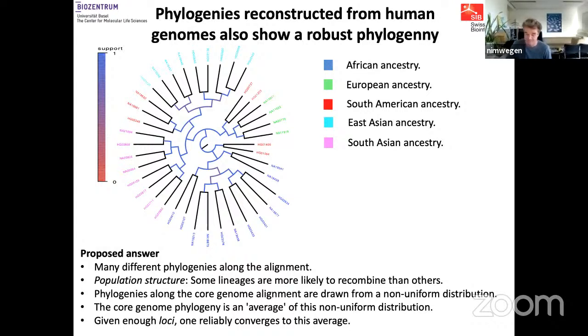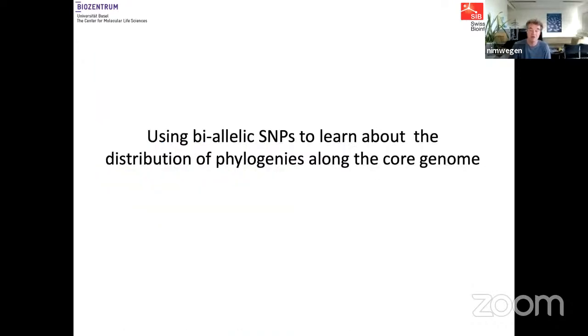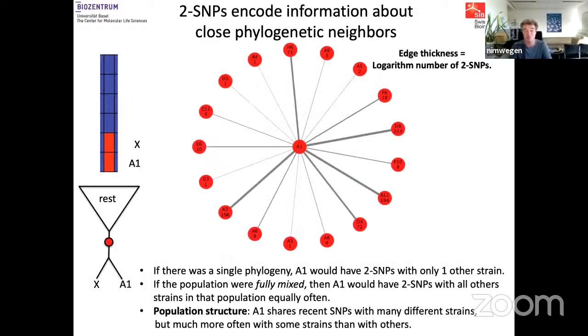All right, now, in the final minutes, I just want to mention how you can use these biallelic SNPs to learn about the distribution of phylogenies along the genome and to learn something about their structure. So for example, you can take SNPs of the following kind. You can say, let's look at all SNPs where only two strains share the SNP.